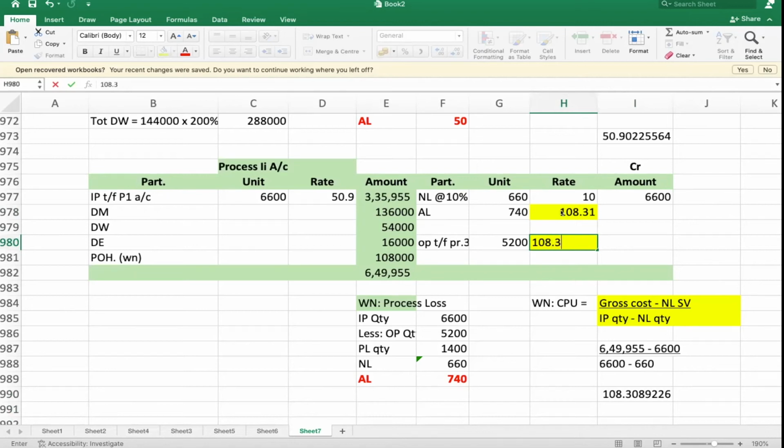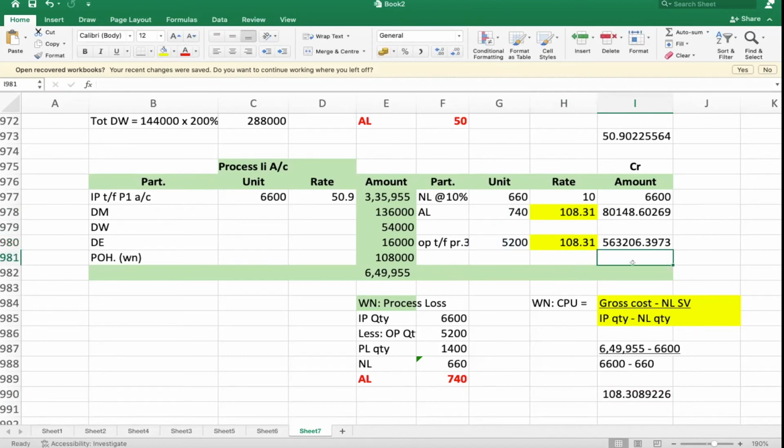So this is only for display purposes, but for computation purposes, you have to take the exact value. Understood? Now you can do the valuation of abnormal loss into rate per unit, 108 point something. Similarly, output transferred to the next process into rate per unit.